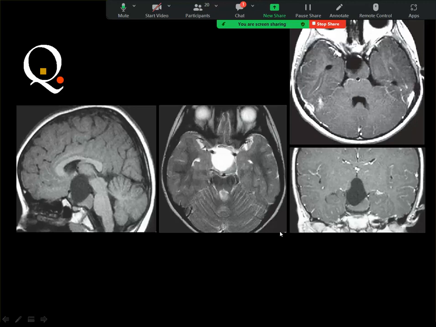In this case, you have MRI sagittal T1 and axial T2, axial T1 post contrast, and coronal T1 post contrast. In this case, we have two lesions in the suprasellar area.